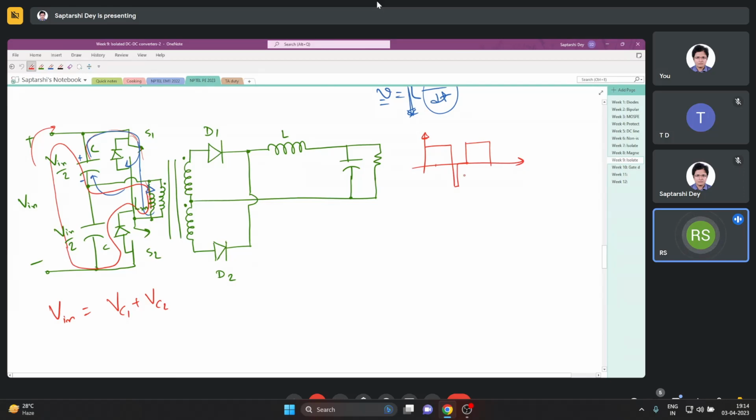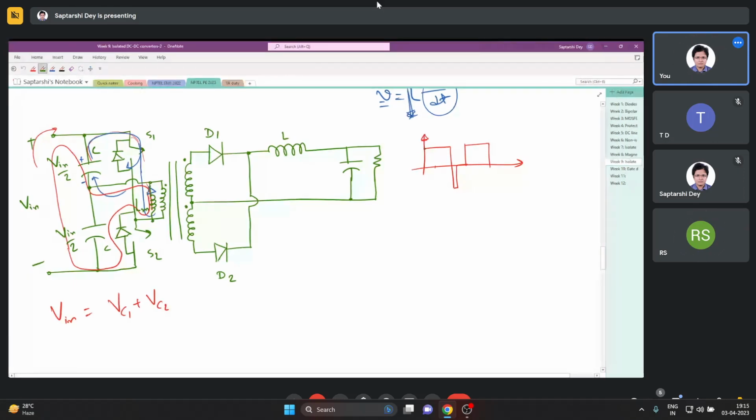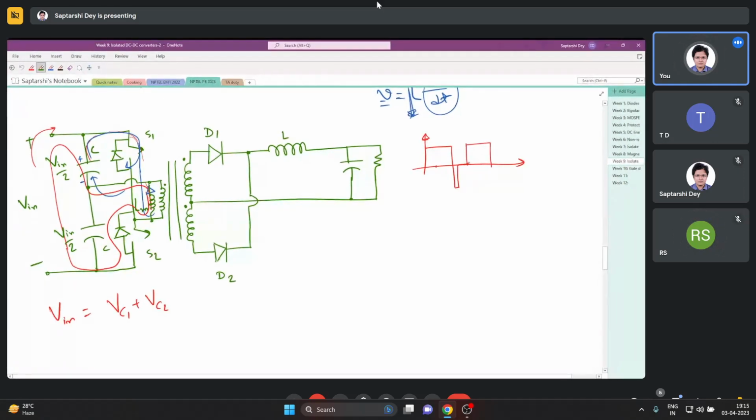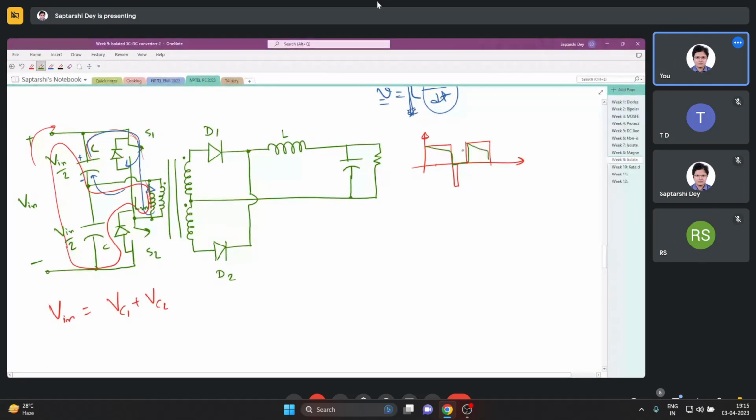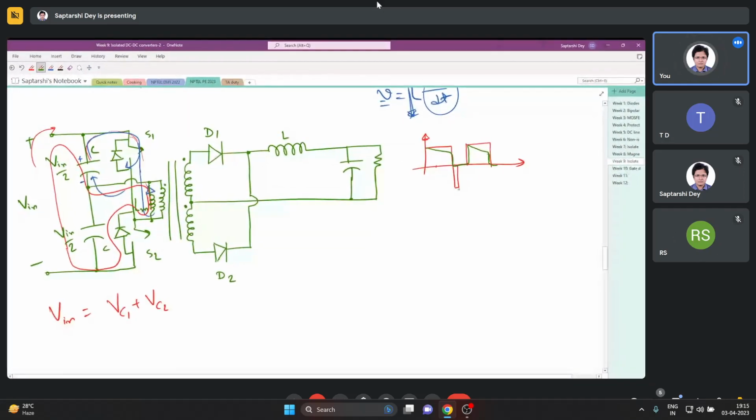So this is the voltage across the LM, the primary. But since the capacitors tend to discharge, you will see waveforms like this.